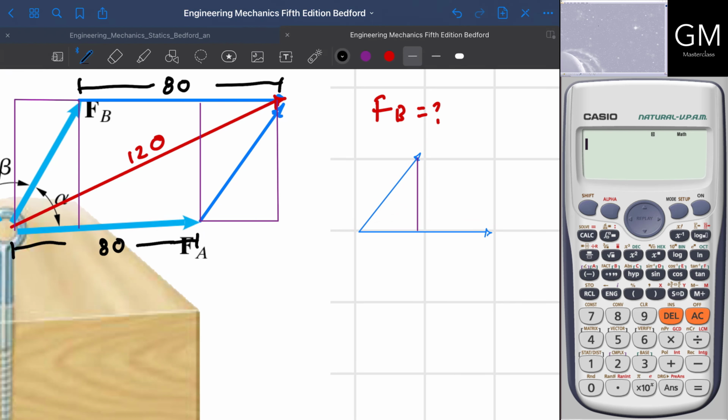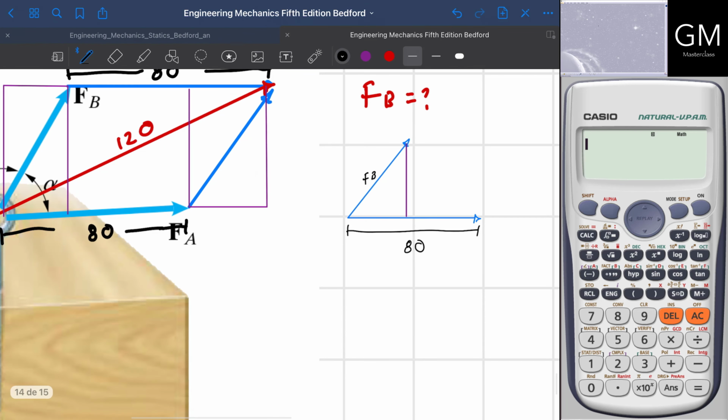So I'm going to need the magnitude of FB. I already have this 80, and for me to get this magnitude I'm going to need this measure. This is the same measure.